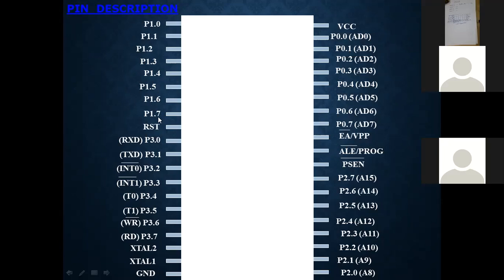This is port 1. Now pin number 9, it is restart. Just a minute.